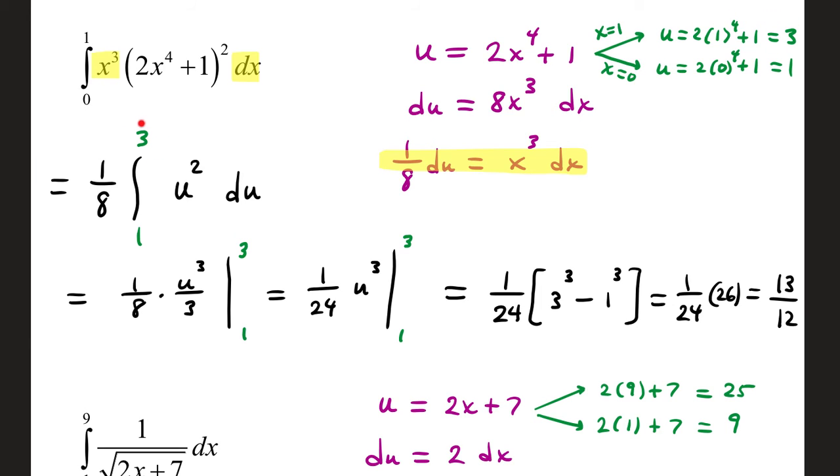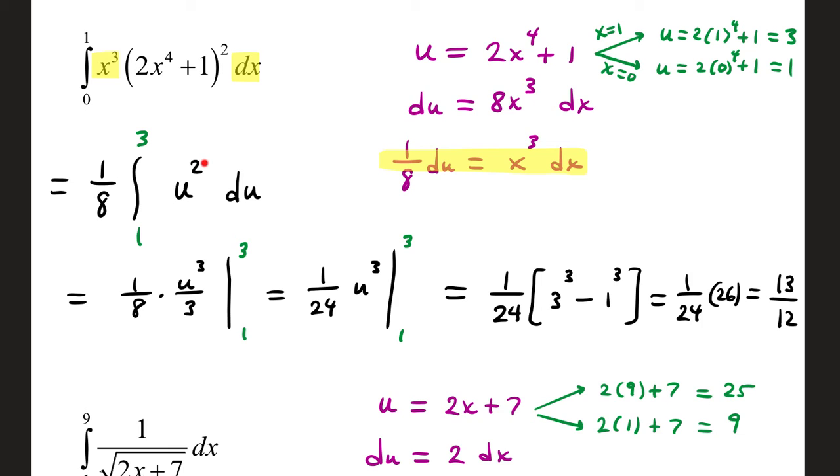The lower limit 0, when we let x be 0, is 2 times 0 to the 4th plus 1, and that's 1. I try to keep these things color-coded, so the green numbers are the new upper and lower limits that have been filtered through your substitution.